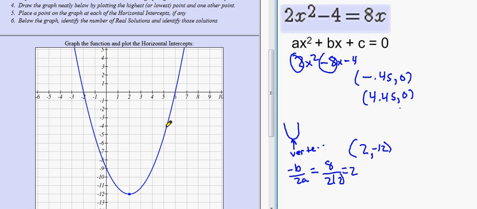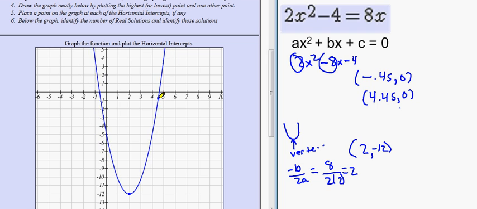Here's my parabola opening up, and pick another point. We already have that one of the other points is 4.45 comma 0, which is somewhere in there, and hopefully that's close enough. The way he has this set up, you can see that it's a pretty discrete method. So this wouldn't be 4.45, and this wouldn't be 4.45. So right there in the middle is what we need to do.